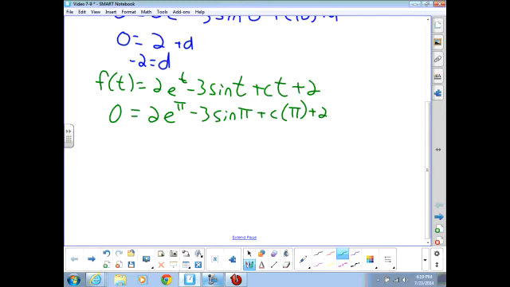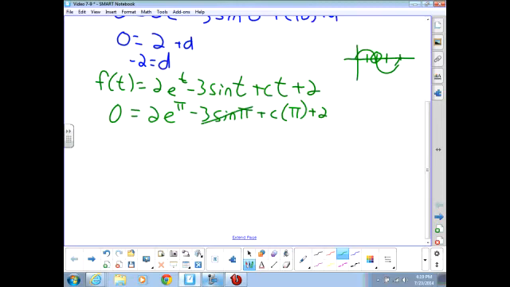So 2e to the pi is just a constant, so that stays as it is. Sine of pi is 0, so that wipes out the negative 3 sine pi.